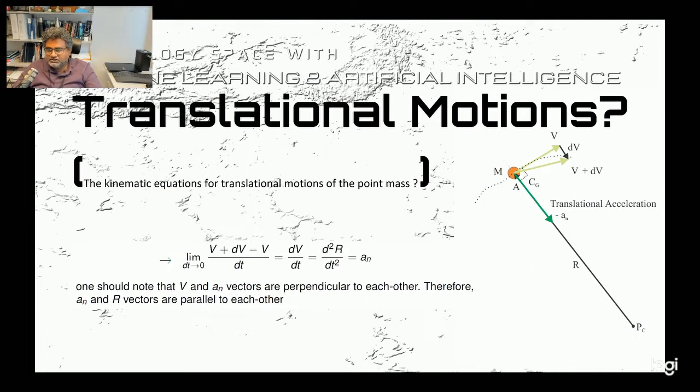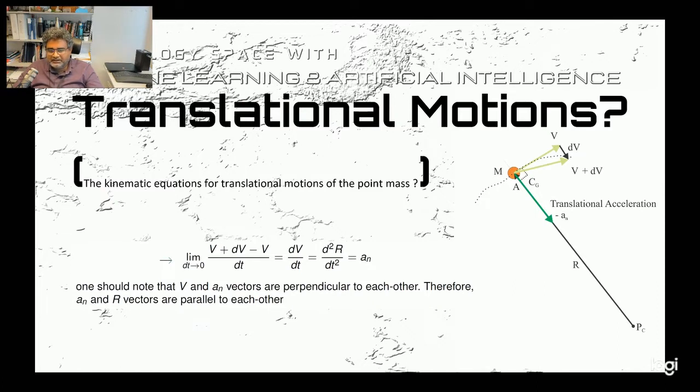So the velocity change in this point mass within that time period of dt can be written as the final velocity of v plus dv minus the initial velocity of v divided by dt. So then you end up with the equation dv over dt, which is the time derivative of the velocity, which is also equal to the second time derivative of the displacement and equal to the translational acceleration, which is denoted by an.